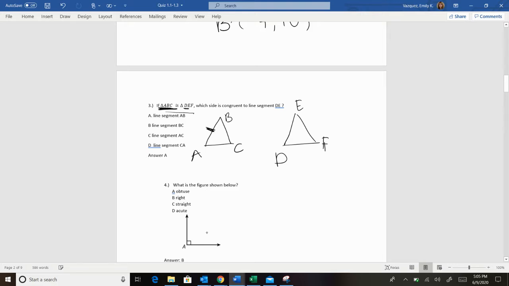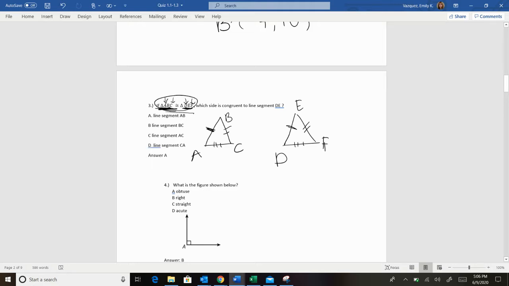So A and B would have to be the same as the 2 letters written in the next one, D and E. Okay, the next 2 letters is BC. So BC would have to be the same location over here, EF. And then if I choose my first and my last, I would choose my first and the last here as well. So AC would have to be equal to DF.